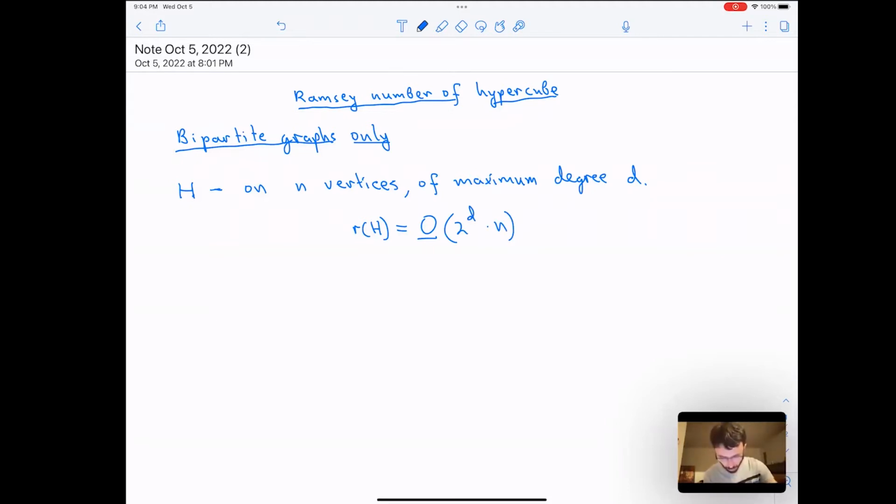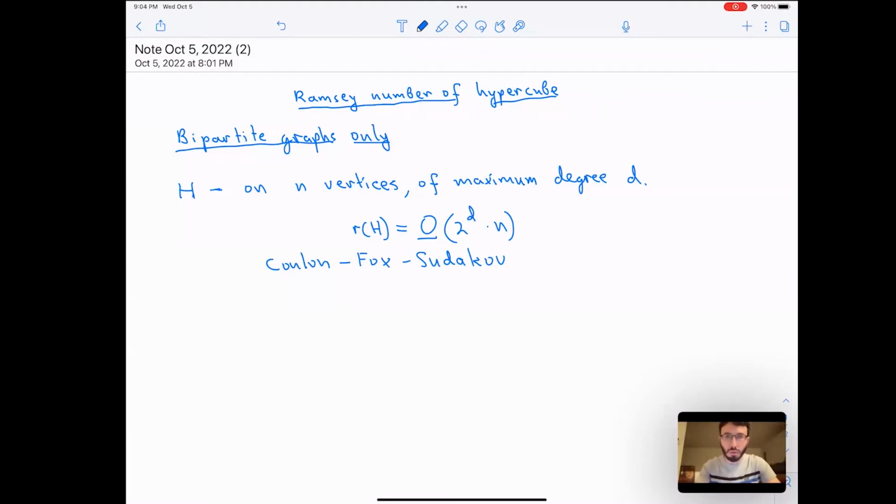In this form, the result is due to Conlon, Fox, and Sudakov, and it proceeds by employing dependent random choice.